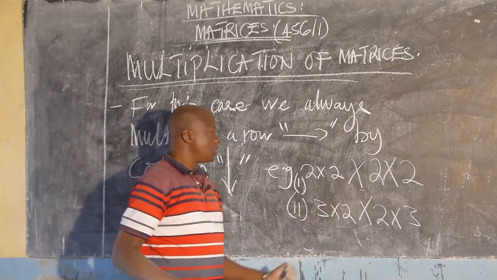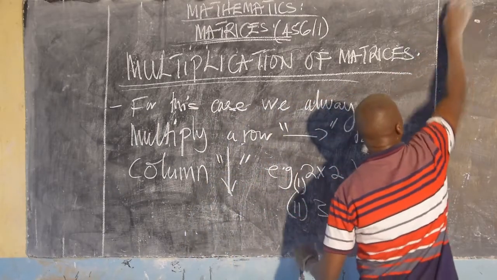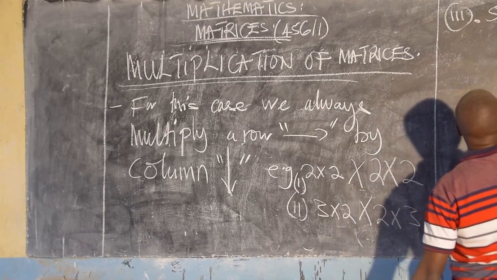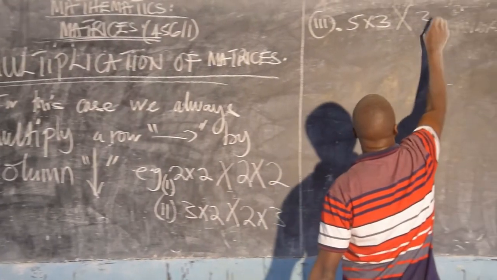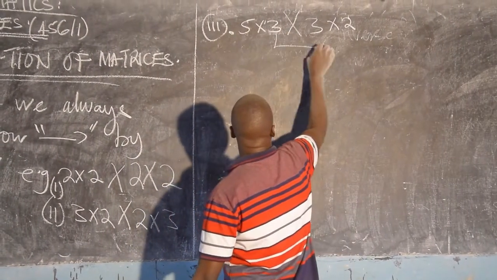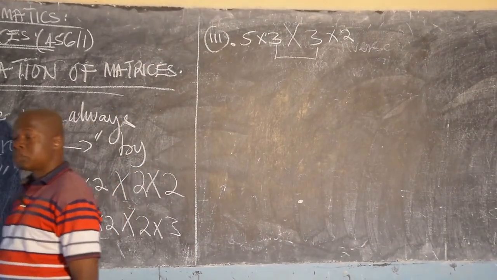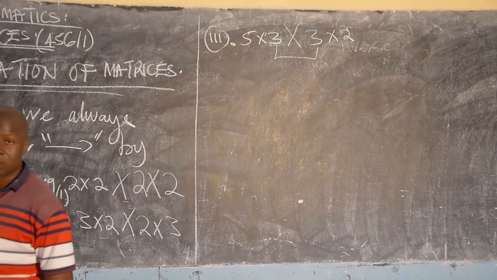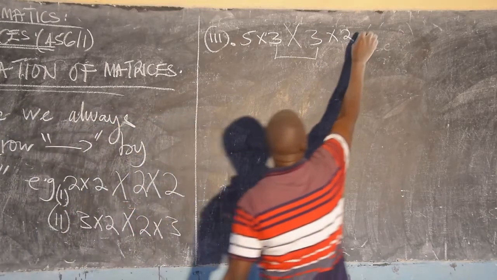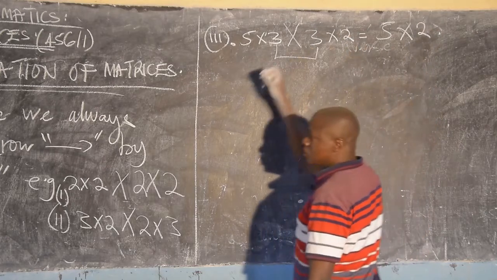Even here, Roman number 3, we have a 5 by 3 and a 3 by 2. If these two numbers are similar, you can go ahead to multiply, and the outcome will be a 5 by 2.